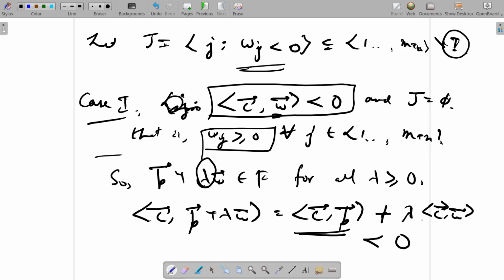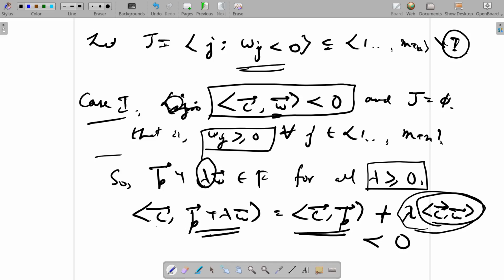And here, what we have noticed is that for all lambda bigger than or equal to 0, P plus lambda W is in the feasible set. And C dot W is actually a strictly negative number. So lambda times this, if you increase the value of lambda, this actually decreases, right? And it goes all the way to minus infinity. So you can choose lambda big enough such that C dot P plus lambda W is strictly less than 0.